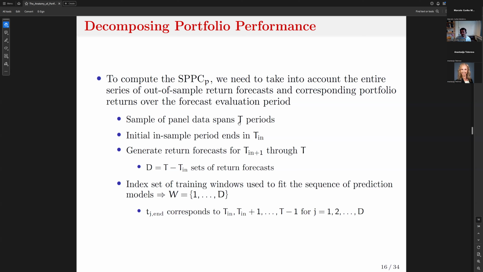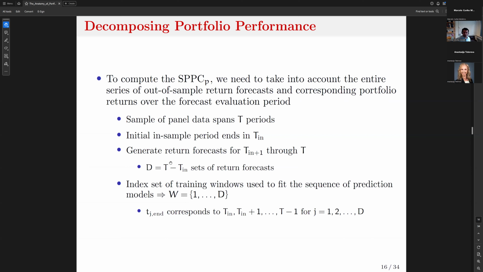Our sample of panel data spans T periods. We have an initial period, T subscript in, which stands for in-sample. And then we generate return forecasts from T_in plus 1 up until the end of our sample. So the size of our evaluation window is D. This window can be rolling or expanding.